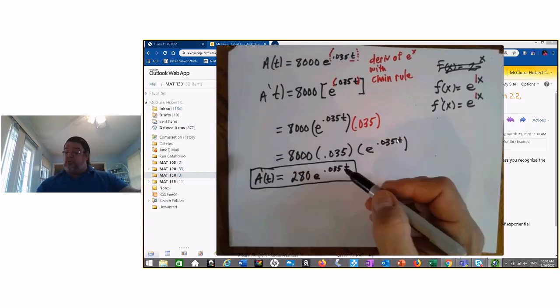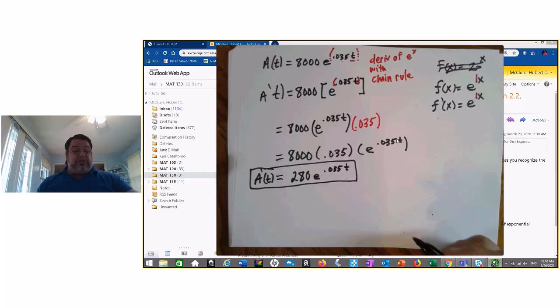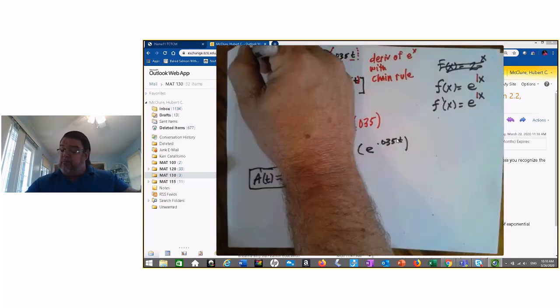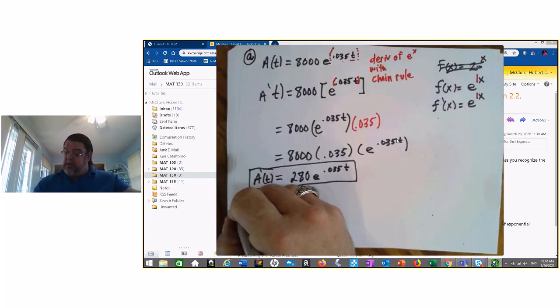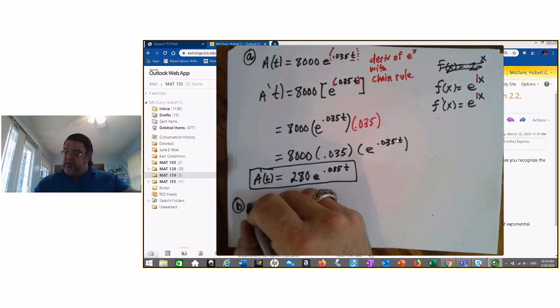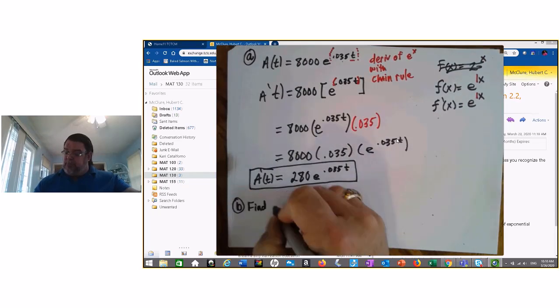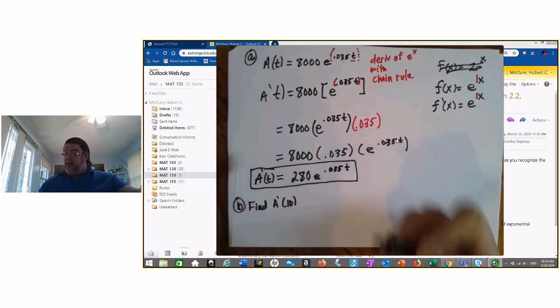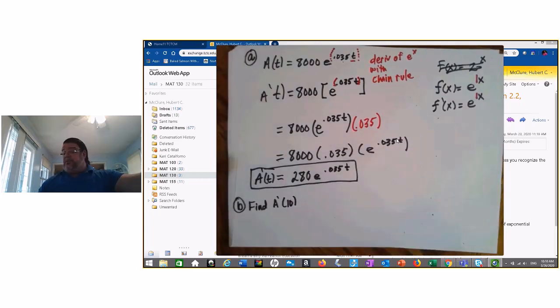Now what does the question say? It says find A prime of t, that's part a. Part b says find A prime of 10. This is a test question because it is calculus.